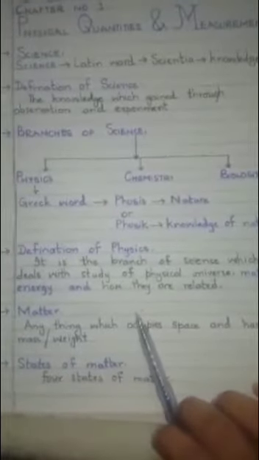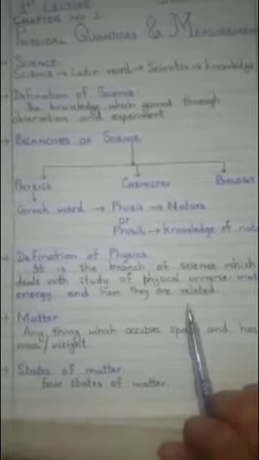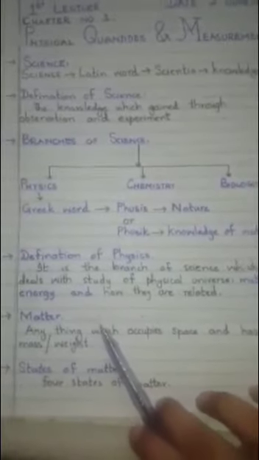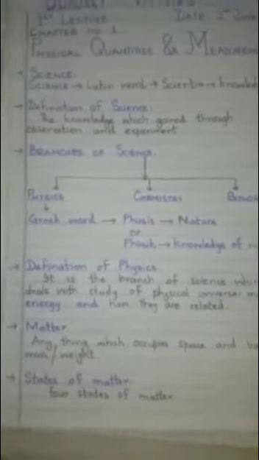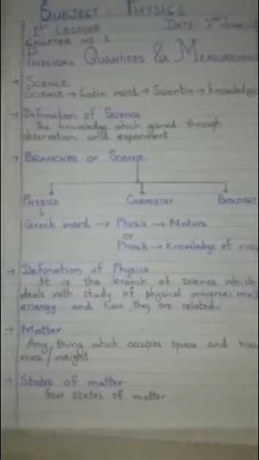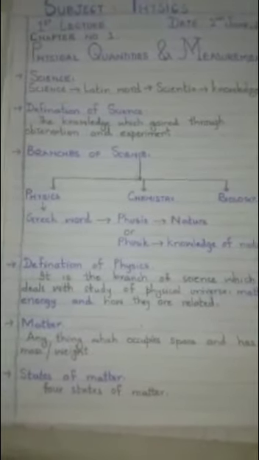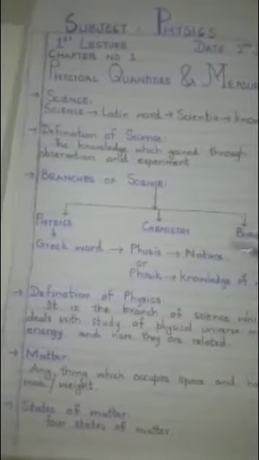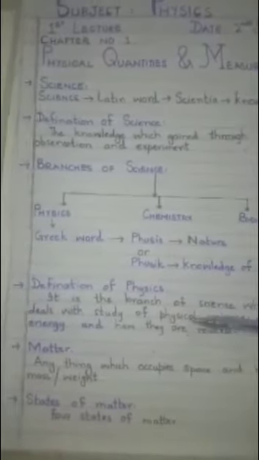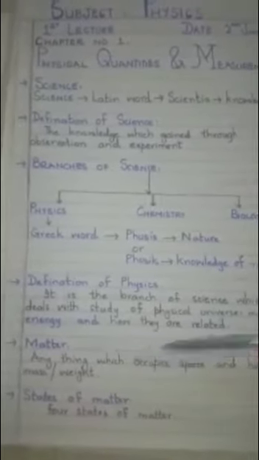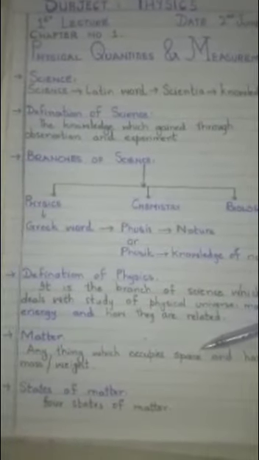Matter is anything which occupies space and has mass or weight. Anything which is present in our surroundings. Occupying space means covering an area. So anything which occupies space and has mass or weight is known as matter.